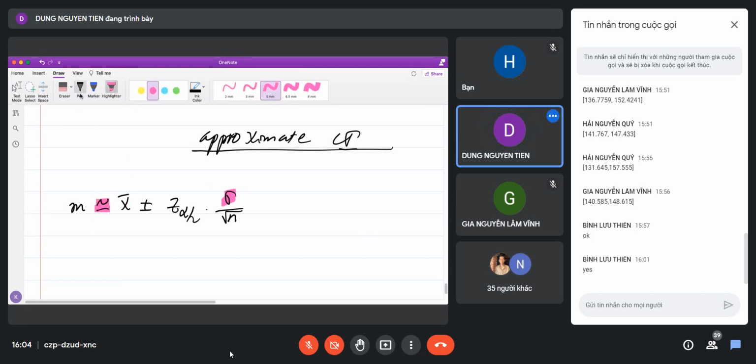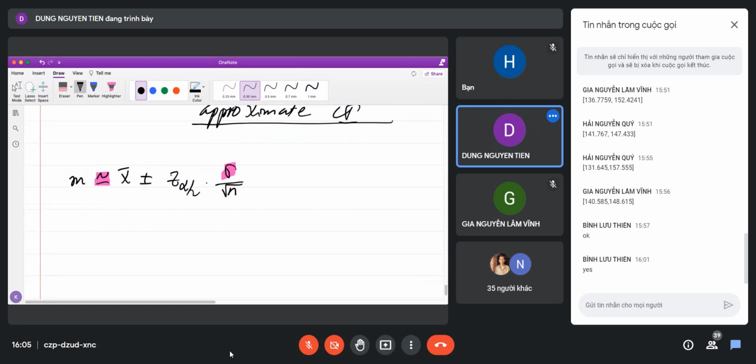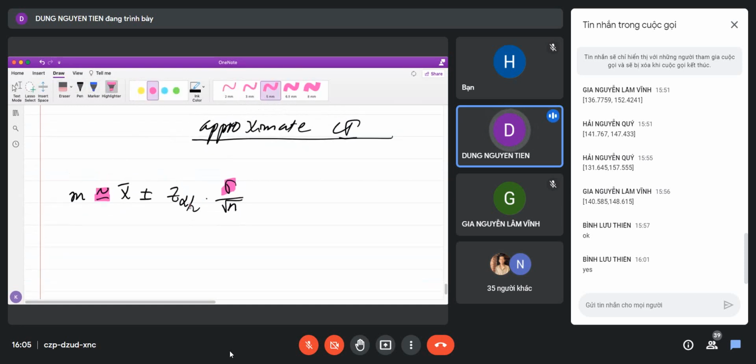If you don't know sigma, you can approximate sigma by s to get x bar plus or minus z alpha over 2 times s over the square root of n. Any questions so far, everybody? Is this all right? Good.